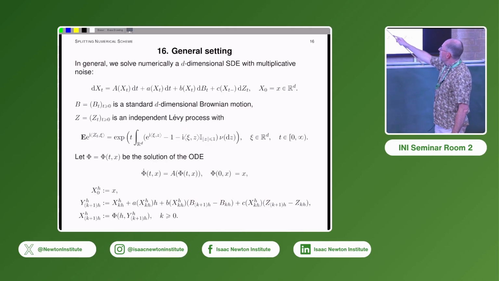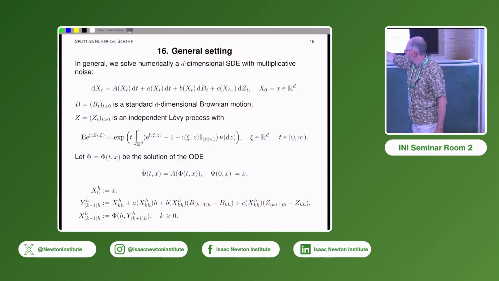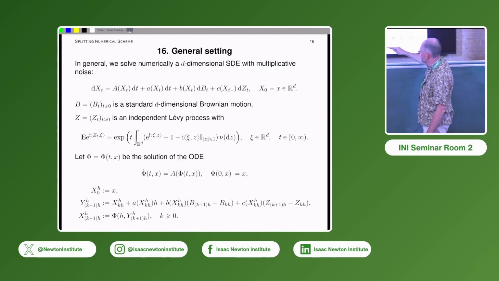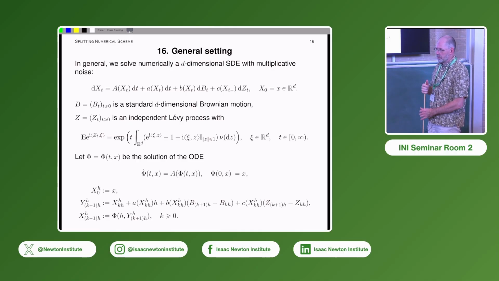So small a plus b Brownian motion plus c dz, where z is the Lévy process. Let us denote by phi the solution of this ODE. And now we do the following scheme.